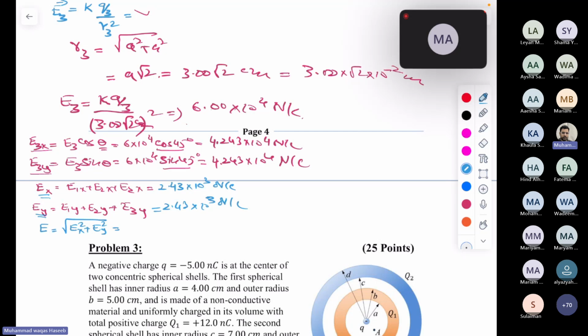So when we substitute the values of Ex squared and Ey squared and then take the square root, we get our electric field magnitude, which is 3.43 × 10^3 Newton per coulomb. So the magnitude of the electric field is 3.43 × 10^3 Newton per coulomb, and it will always be a positive value because it is a magnitude.